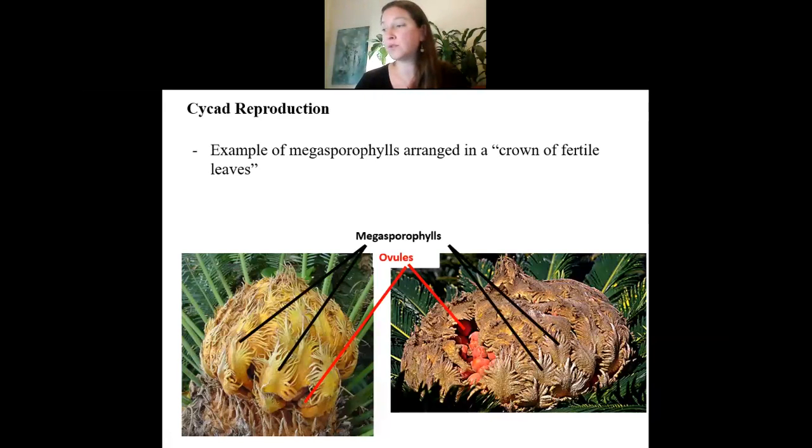Still maybe a little different, but it looks more like a leaf than the leaves that were on that strobilus. And you could see down here, these red guys, those are all the ovules that are attached to those leaves.